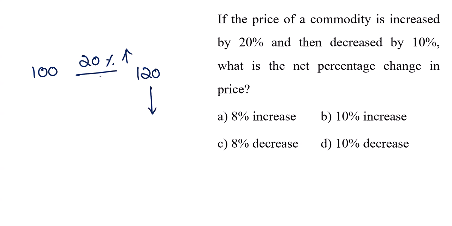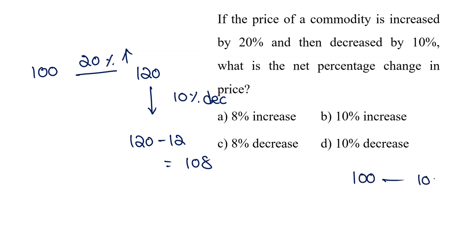Now there is a 10% decrease. 120 minus 12 is 108. So 100 becoming 108 means an 8% increase is the outcome. We have to go for option A. You may have multiple changes, only 2 are given here, they may give 3 or 4 changes also.